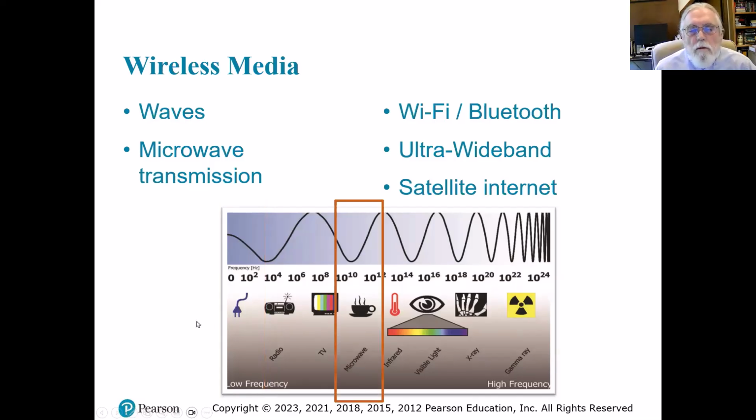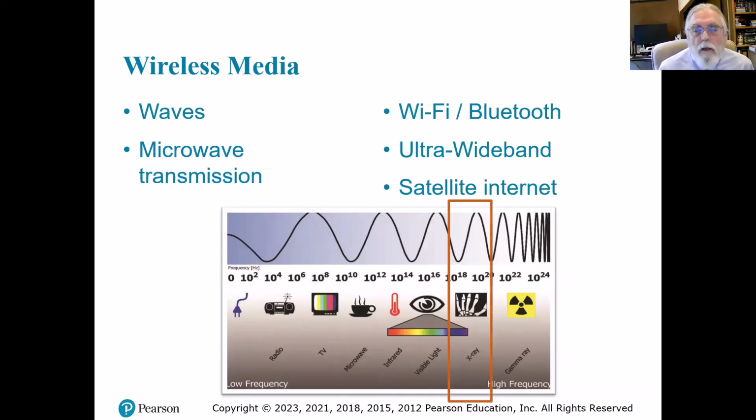And then your microwave that's heating up your food is higher. You can see radio and TV were in there. And then up here is what we call visible light. This is what we can see. And then this is X-rays. This is, in the medical world, when they want to see if your bone is broken, the X-rays that they're showing.